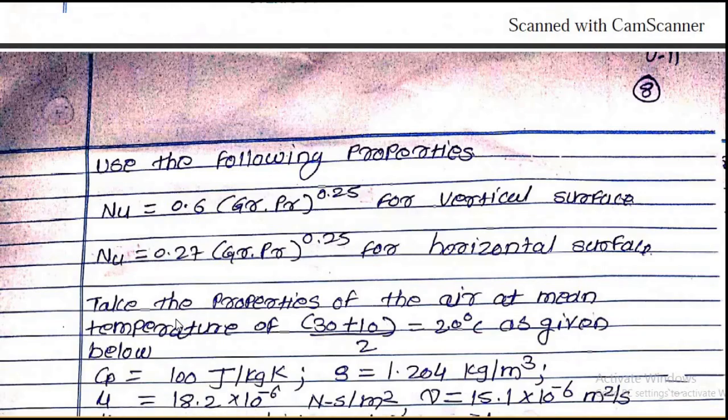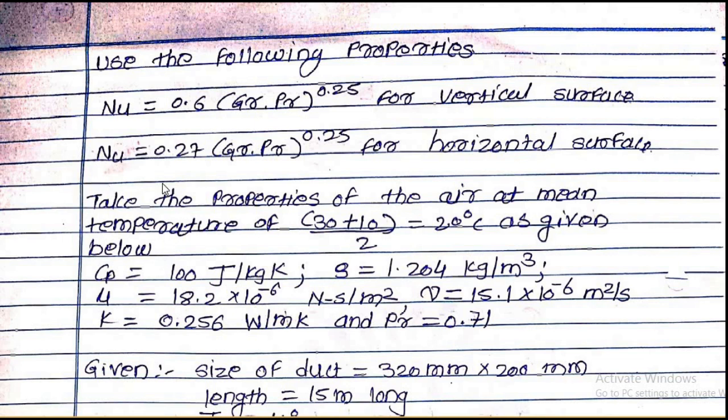Further, the problem takes the properties of the air at a mean temperature of (30 plus 10) divided by 2, equal to 20 degrees Celsius, as given below.